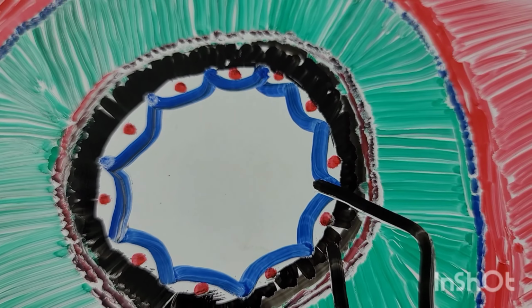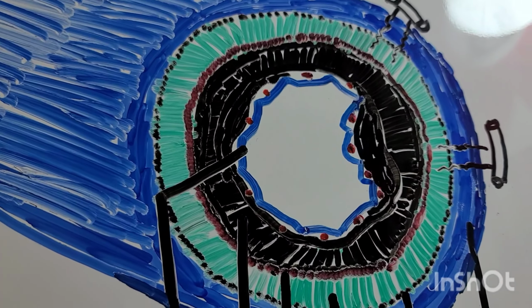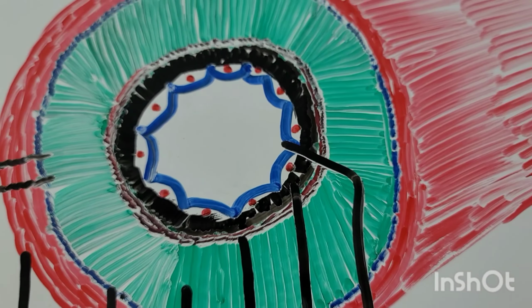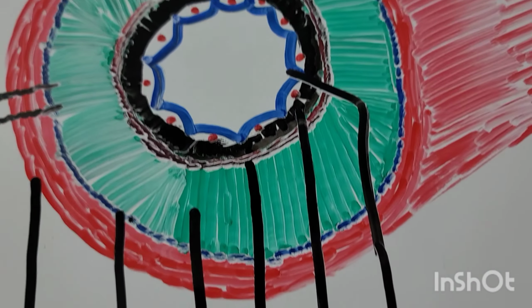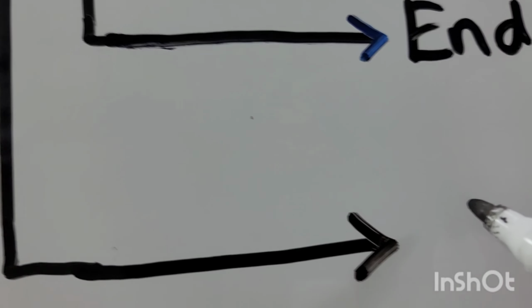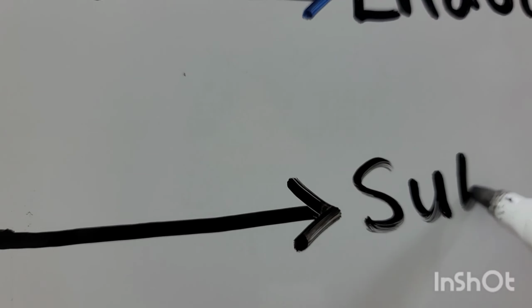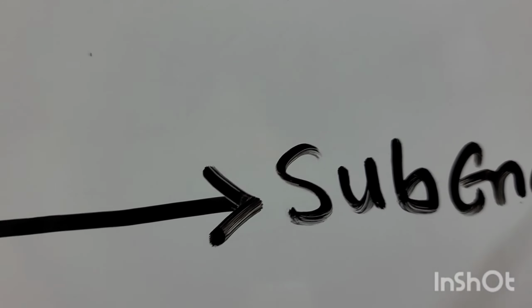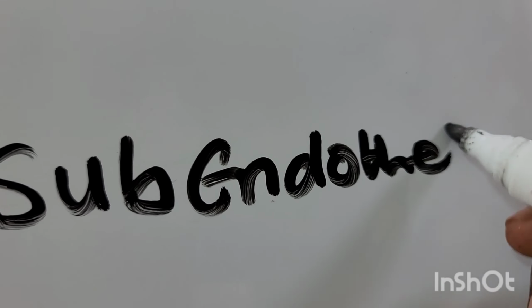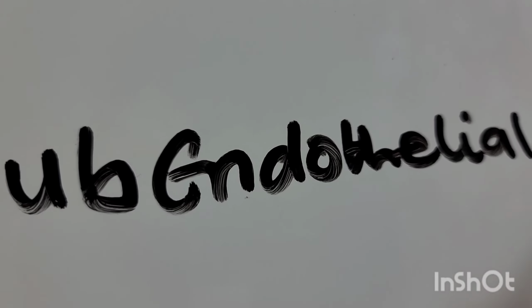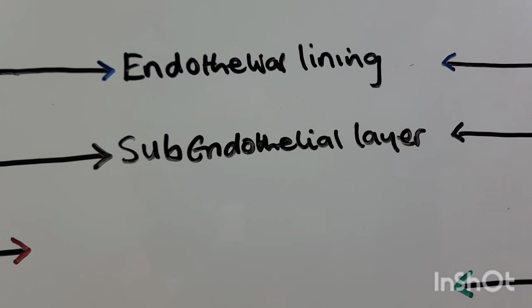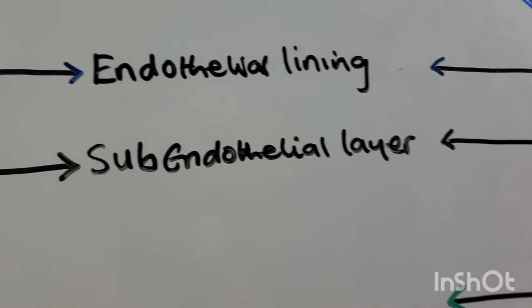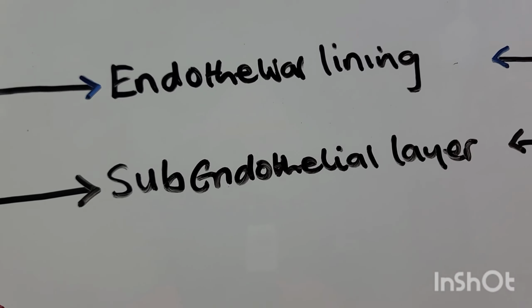This layer after the endothelial lining is also the same for the veins. That layer is what we call the subendothelial layer.